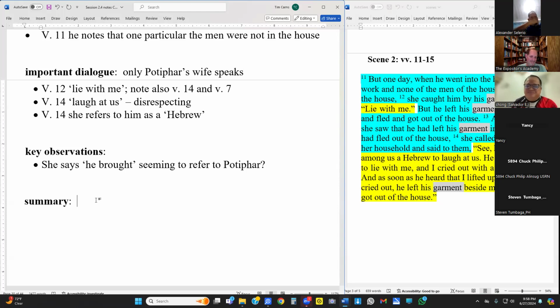I think it's a false accusation. Yeah, she's accusing, so we'd want to include that, right? She accuses Joseph of trying to rape her.